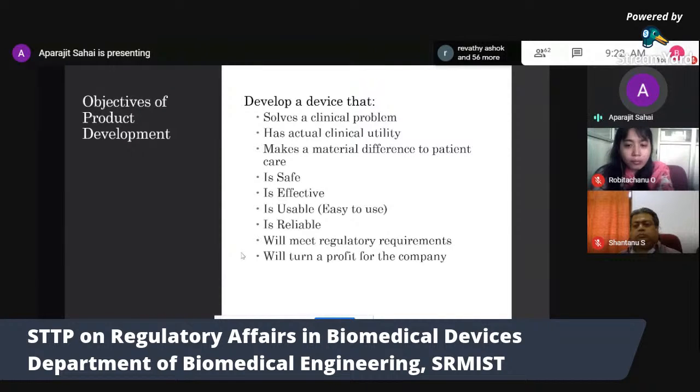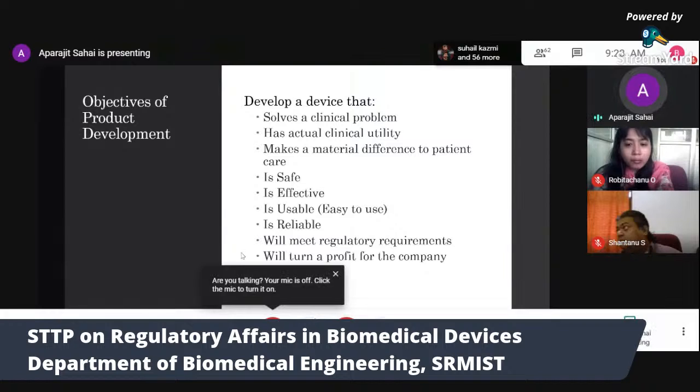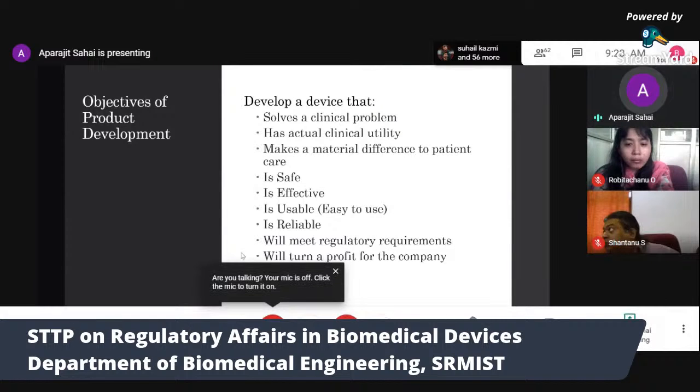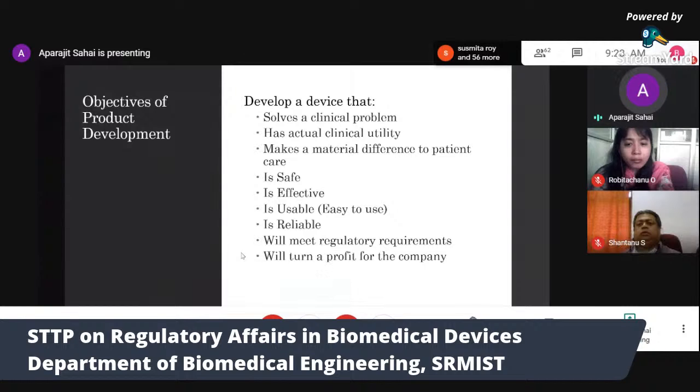The first thing that you have to do in the process of medical device development or product development in general is identify a problem and then try to solve that problem. The second very important thing is that the device should have clinical utility. As I said in my first point, it should solve a problem.